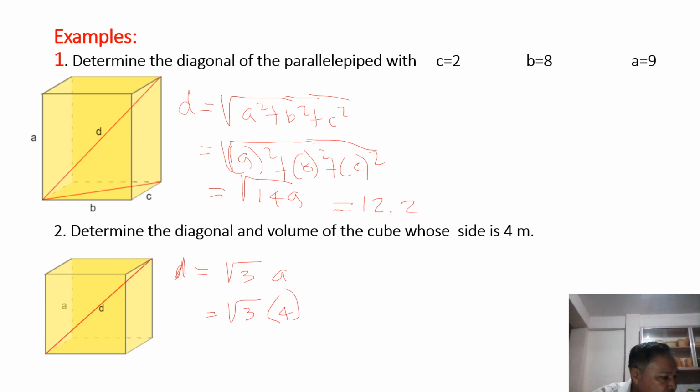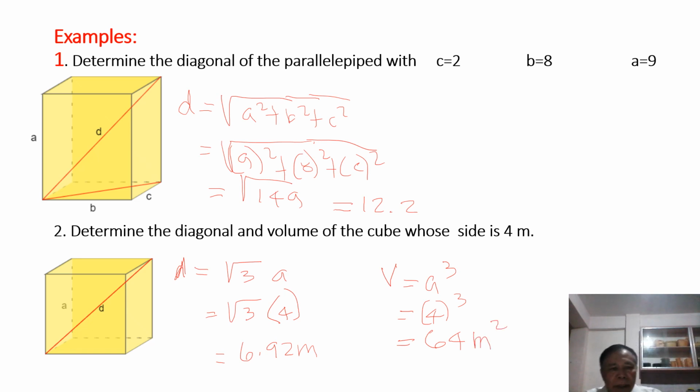Then you have that equivalent to 6.92 meters. For the volume of a cube, simply 4 cubed, or simply 64 cubic meters.